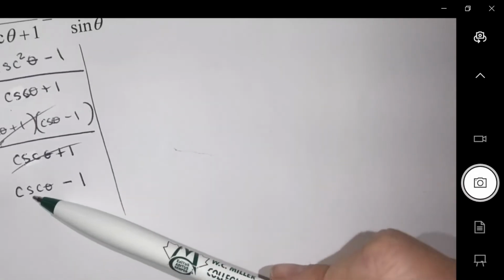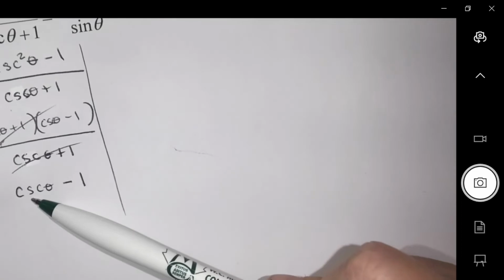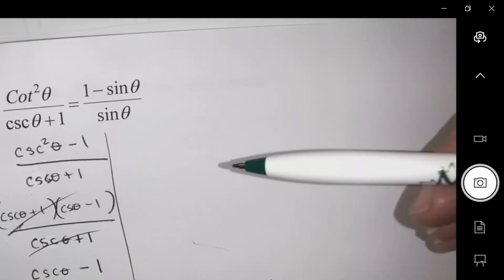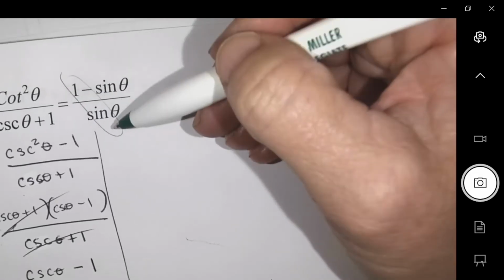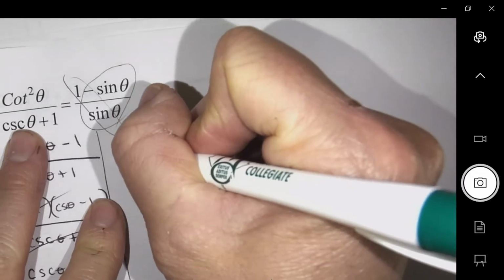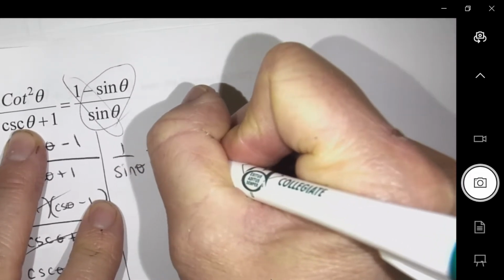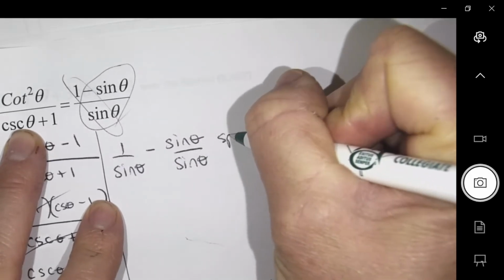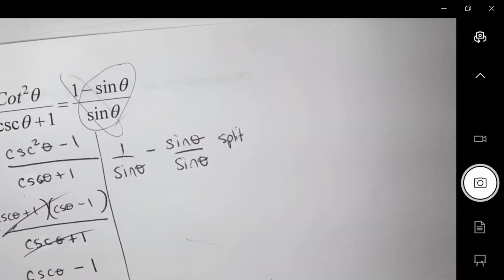You can maneuver cosecant into 1 over sine if you want to do that. I'm going to jump to the other side just so I hit the other strategy, which is split the fraction. So I just want to show you that as well.